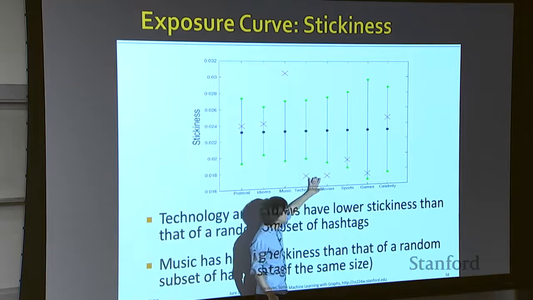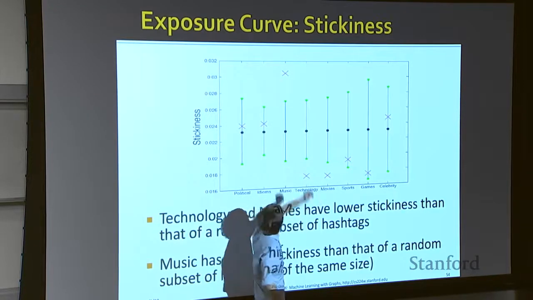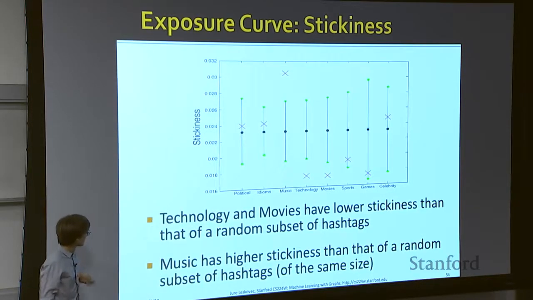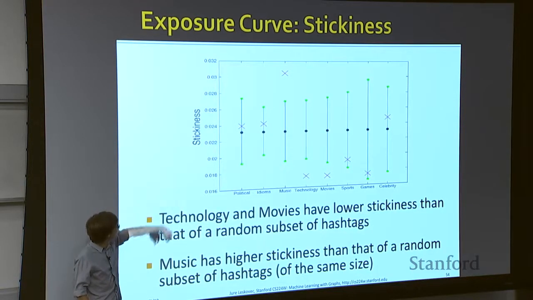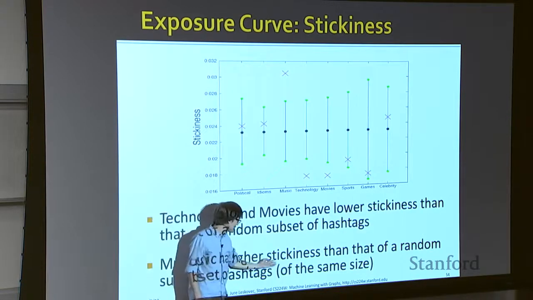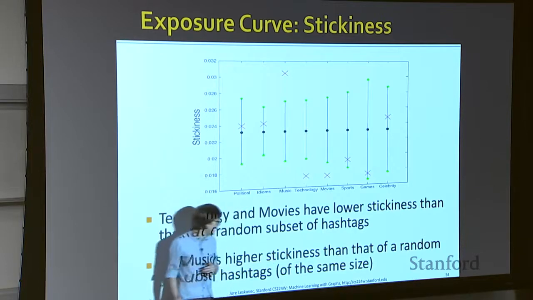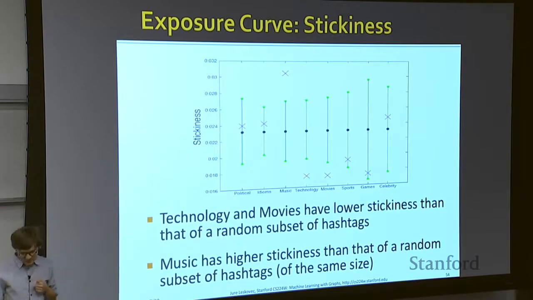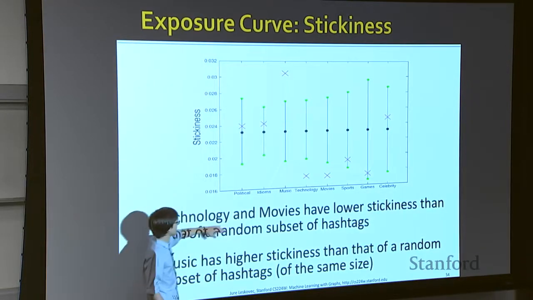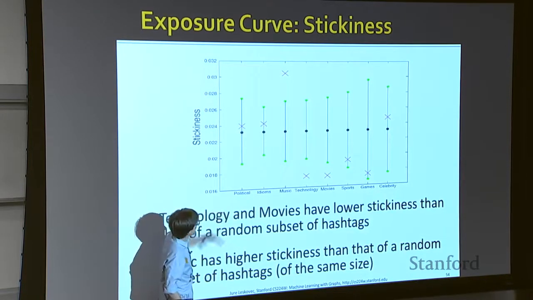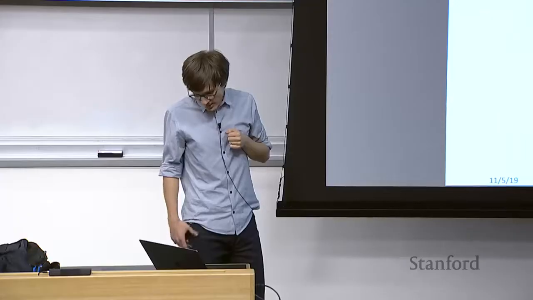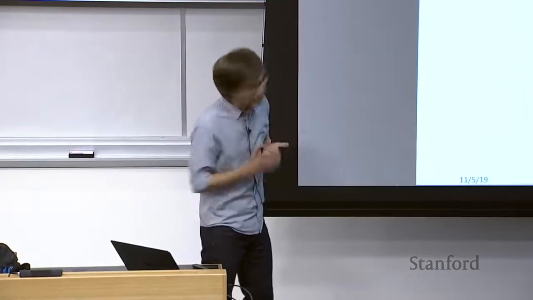So they don't seem to be spreading so fast or with such a high rate. So music-related things, or musician-related things, celebrity-related things, have a higher stickiness than a random set of hashtags, and technology and movies have lower stickiness than a random set of hashtags. Okay, so this is what I wanted to convey to you today.